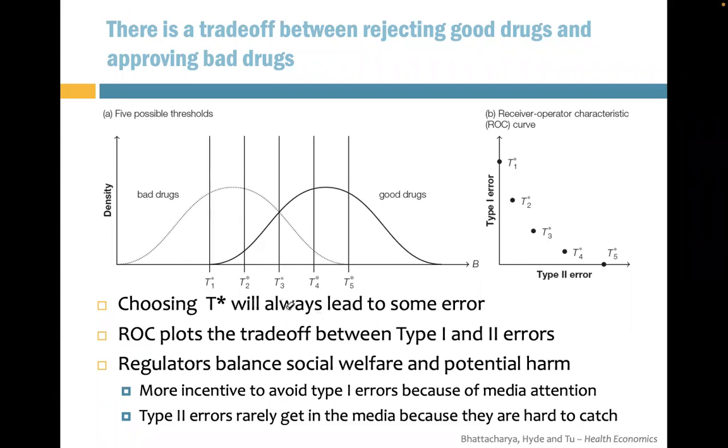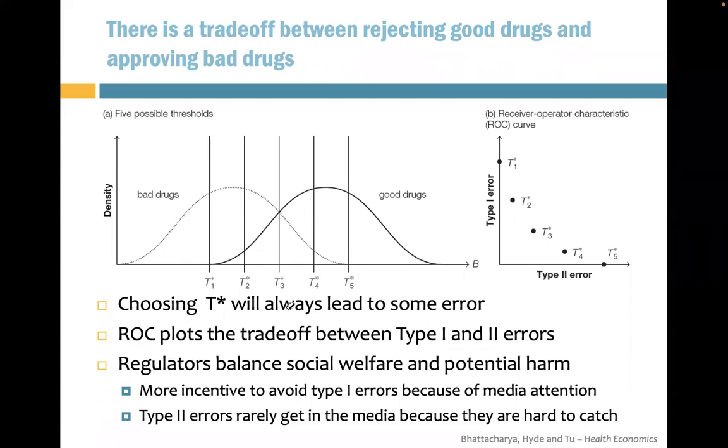All right, so in conclusion, this plot talks about the trade-off between type 1 and type 2 error. Regulators need to balance social welfare and potential harms. There is more incentive to avoid type 1 errors because of media attention. This is particularly severe when some cases of side effects can be exaggerated by media that is not fact-checked, or media that doesn't understand statistics.